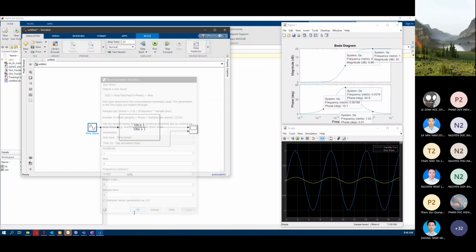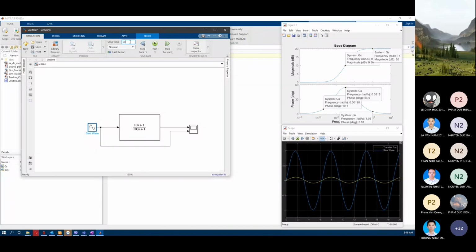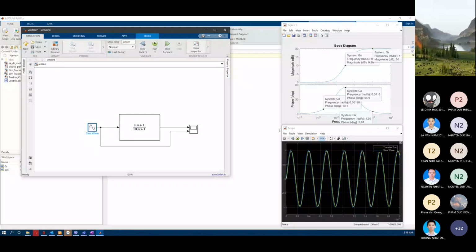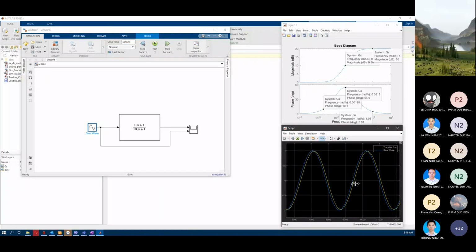And if we come back to the point here at about 0.002 radian per second, of course we're going to increase the simulation time here. You can see here again, right? The input and the output have almost the same magnitudes, but this time the output goes behind the input, behind in phase.